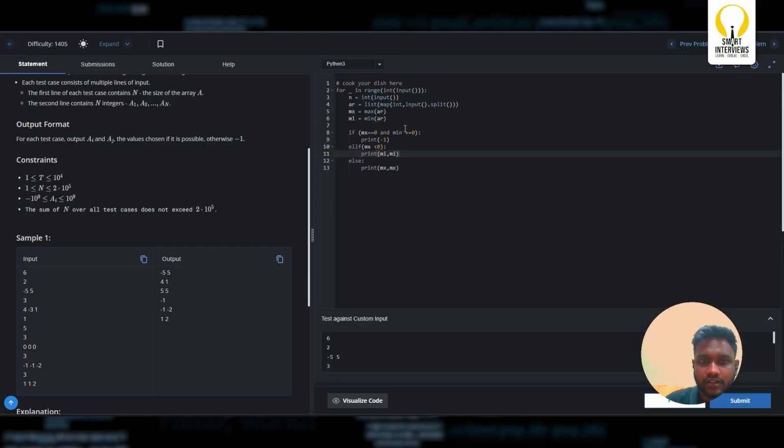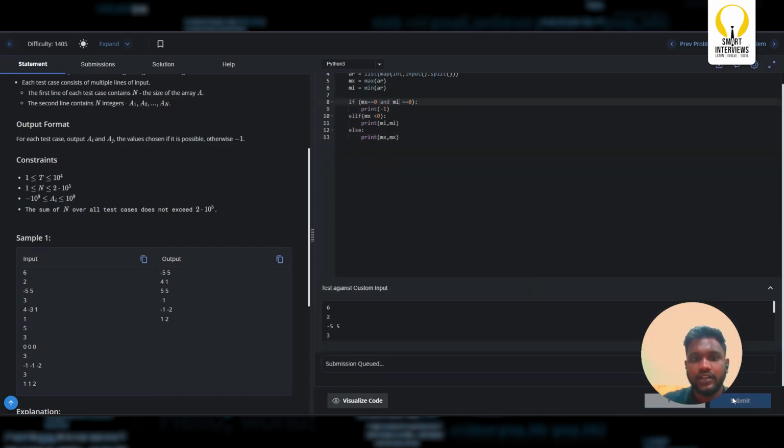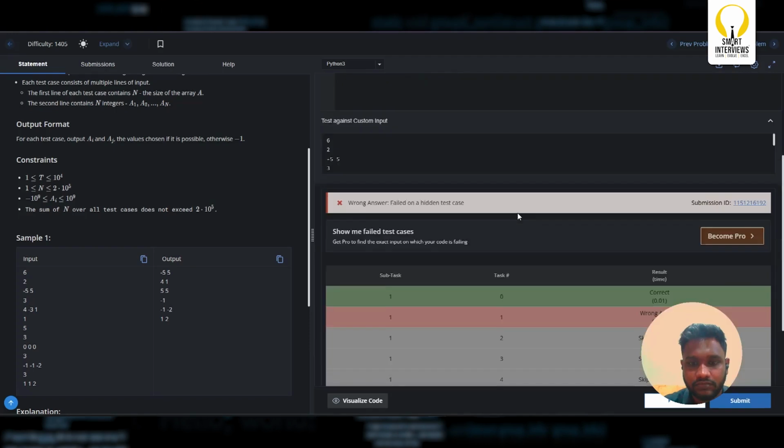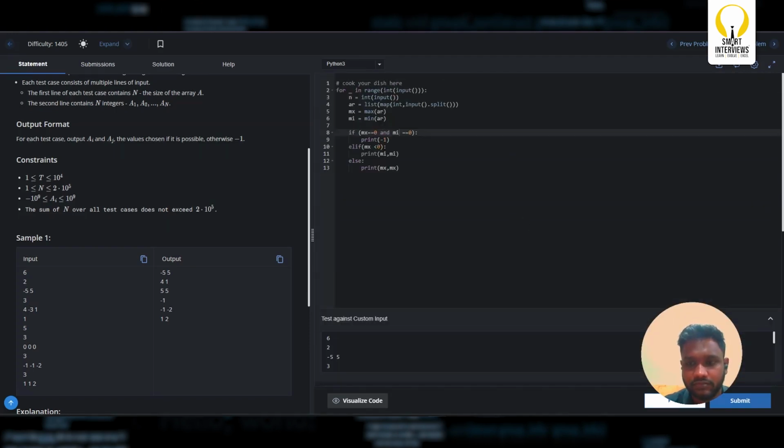I think this is not min, this is mi. Yeah, I'll just run this. Here we just have to make one change: if maximum is equal to 0 also, we cannot print max, right? 0 plus 0 will be 0.